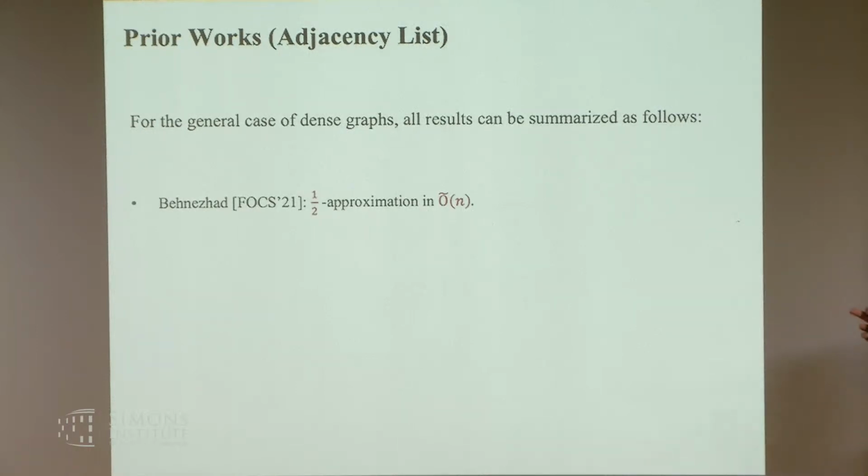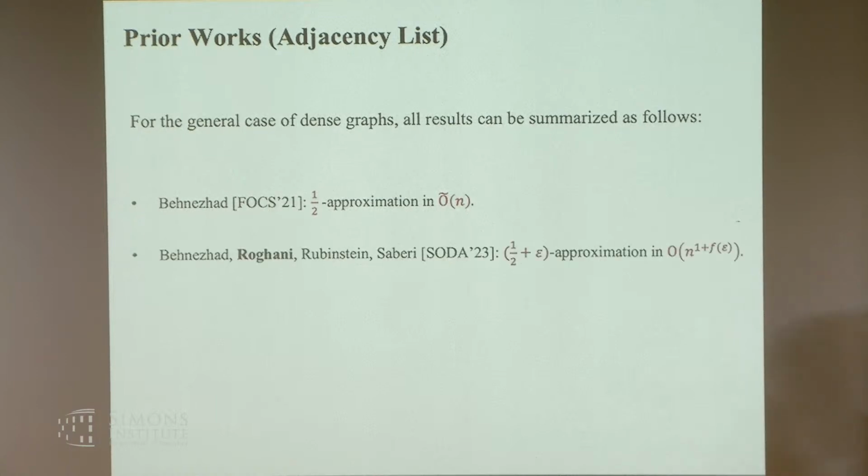The first one is that Sohail proved that you can get a half approximation in linear time with respect to the number of vertices. In another paper with Sohail, Aviad, and Amir, we proved that you can get a slightly better than half approximation if you spend slightly superlinear time. And Shayan, Peter, and Tachapol proved that you can get a 1 minus epsilon approximation in slightly subquadratic time.